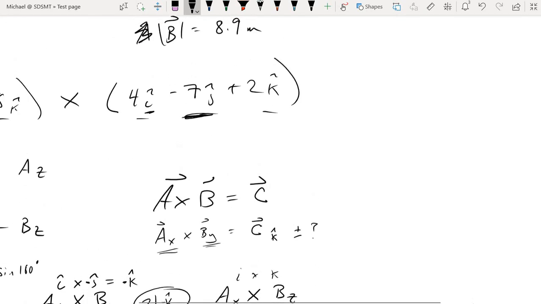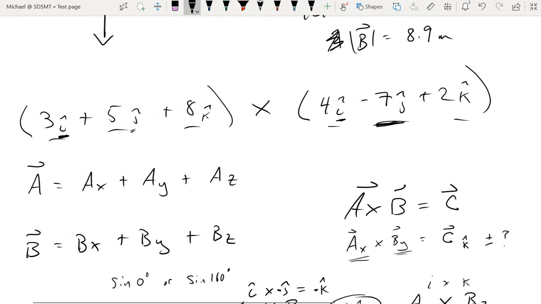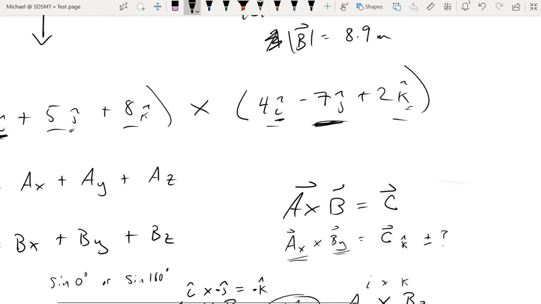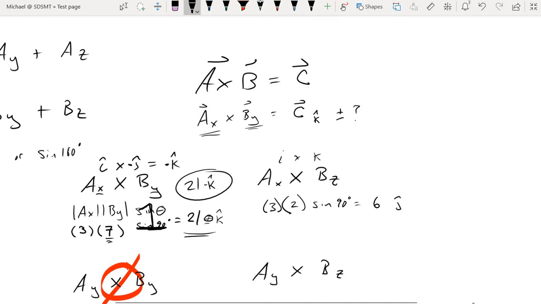Looking back at our function, we had positive J hat, positive K hat for our components. So positive I hat cross positive J hat equals, that's going against the alphabet, that's a negative J hat.